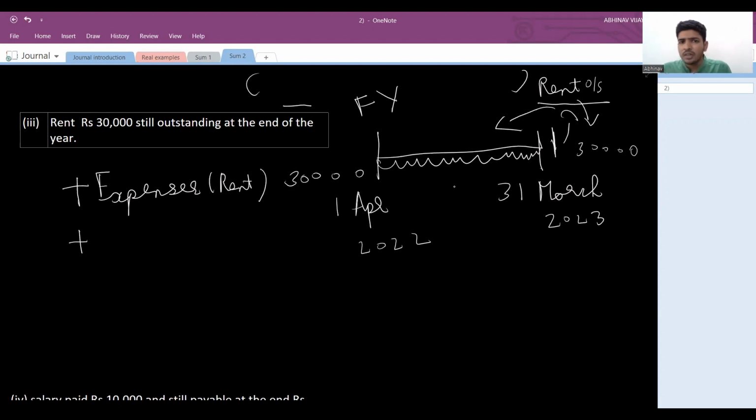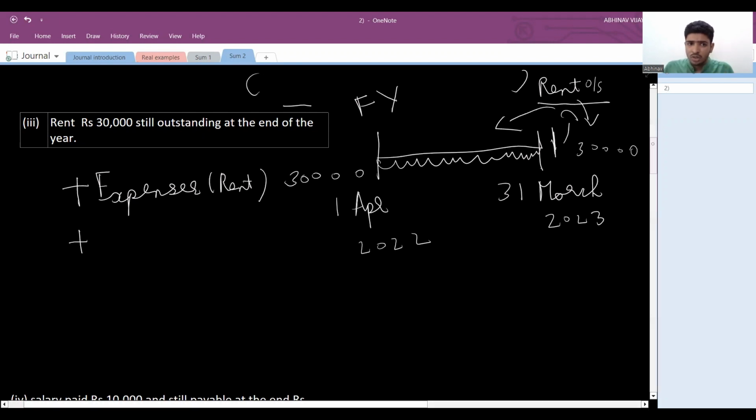And since cash is not paid, at the end of the year, the firm has an obligation or a headache to pay this 30,000 to the landlord. So it's an obligation or a headache. If it's an obligation, it is a liability as per our definition.